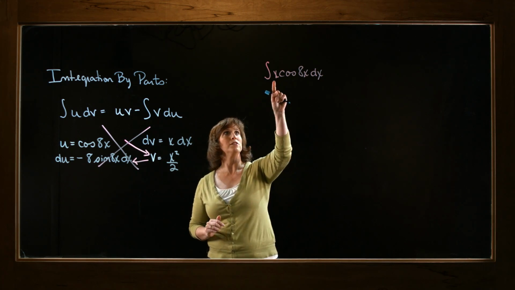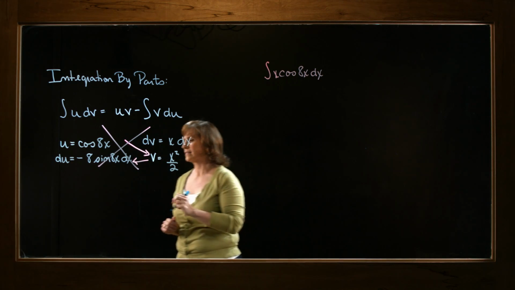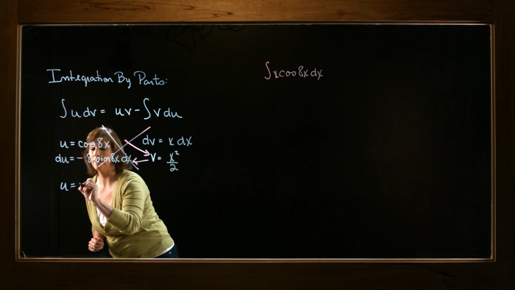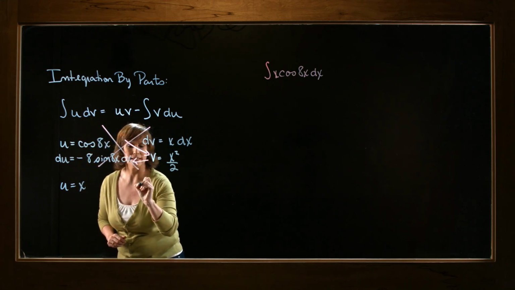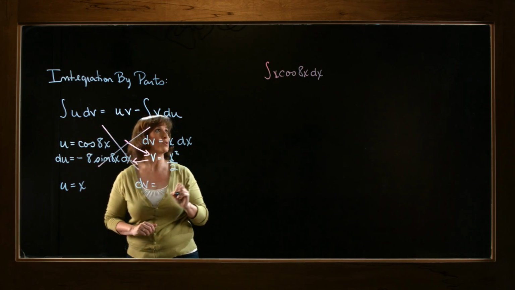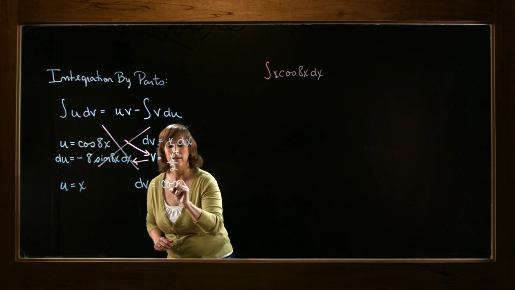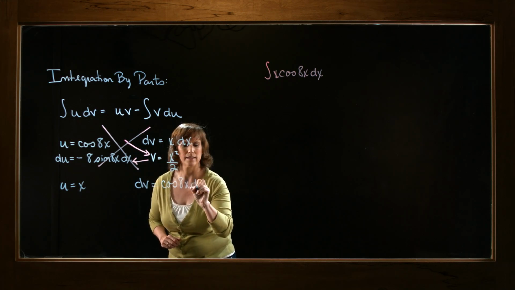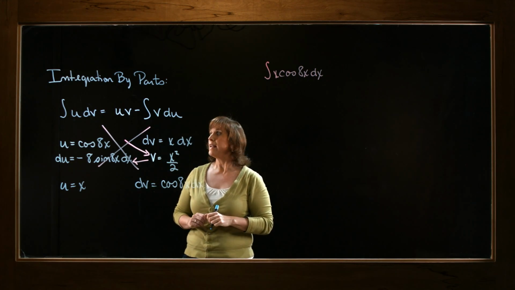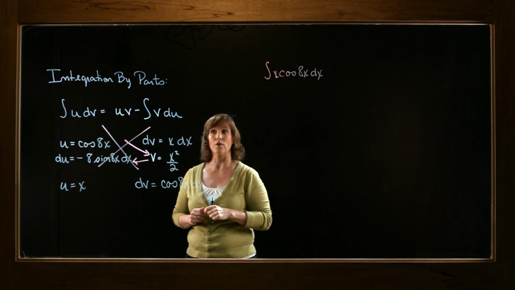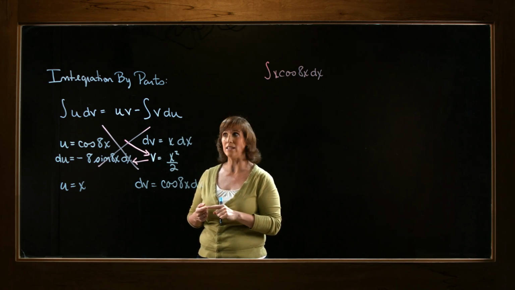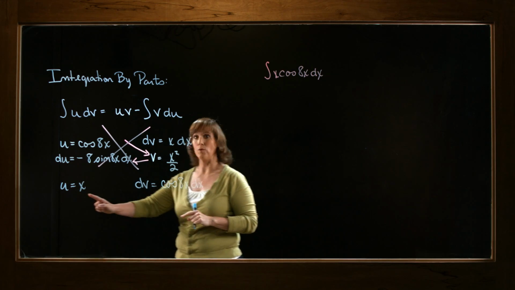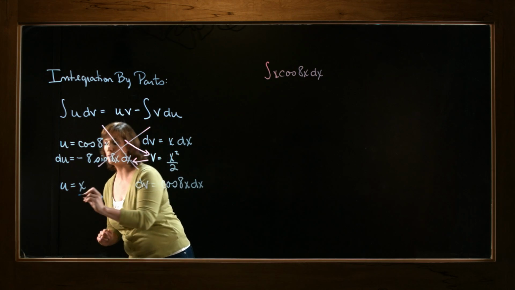This time, I'm going to try letting u be x. So let's let u equal x. That means that dv is going to be the cosine of 8x dx. Now again, in order to do integration by parts, I'm going to need a du and a v. I'm going to get the du by taking the derivative of u.